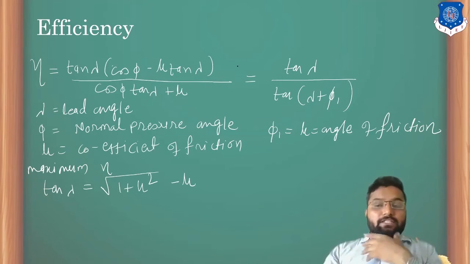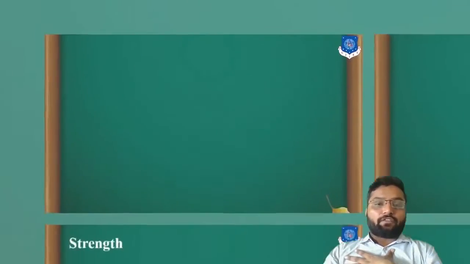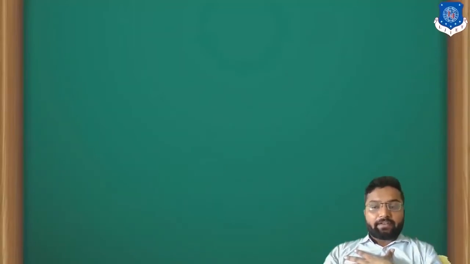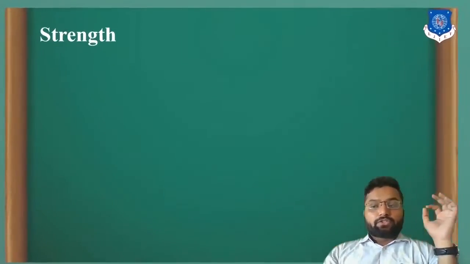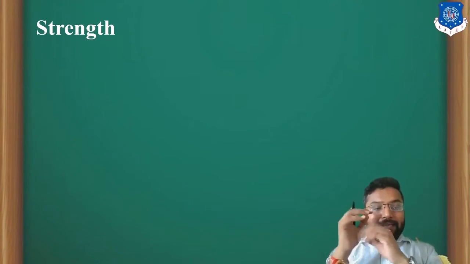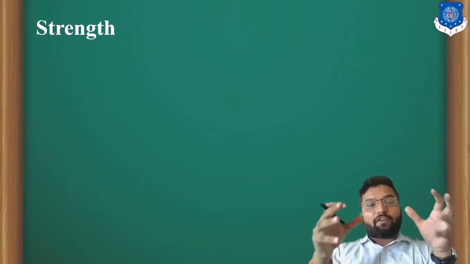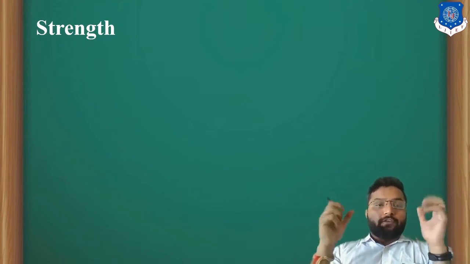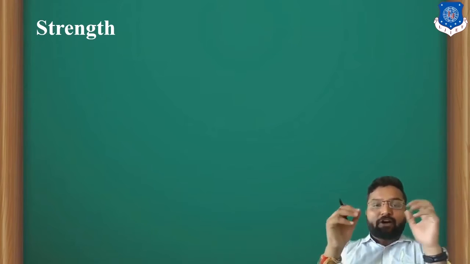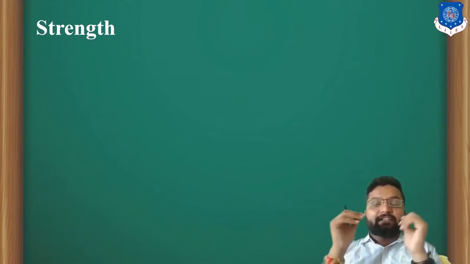Now let's move on to the next point, which is to find the strength of our gear. Clear? So what is strength? Strength is directly the capacity of our gear to carry load. In the case of gears, as we know, in a spur gear or helical gear, it is a thrust load.